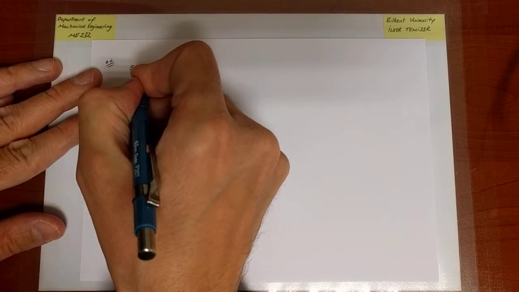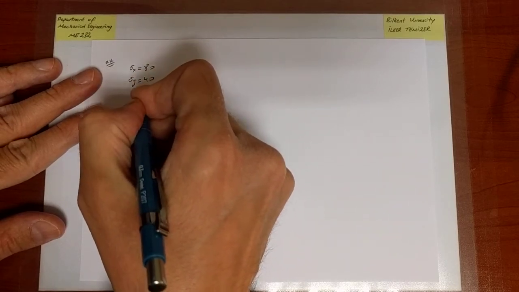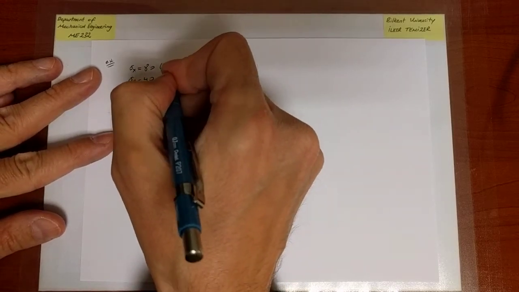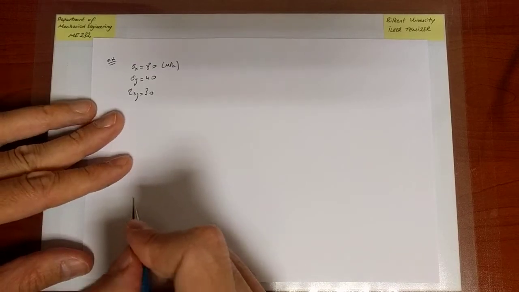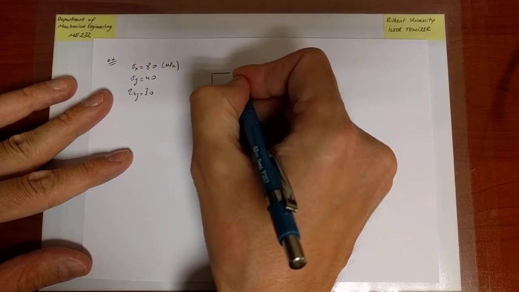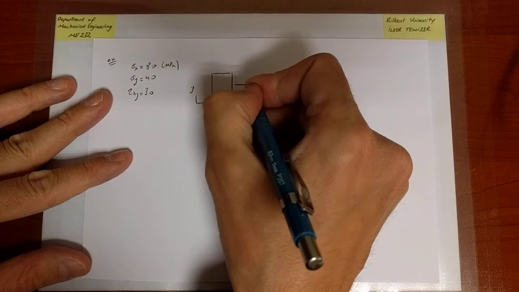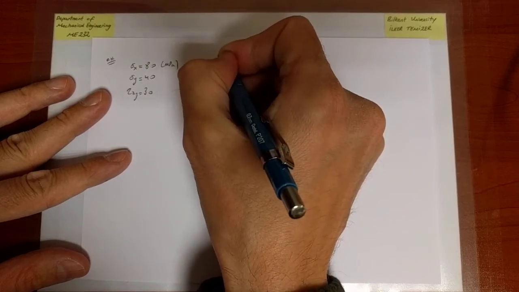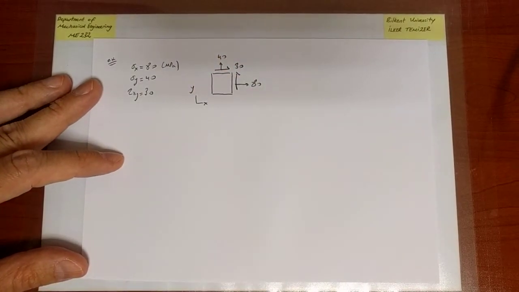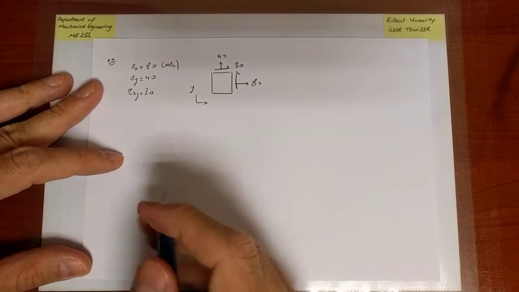So sigma x is equal to 80, sigma y is equal to 40, tau xy is equal to 30. Goes without saying, here in my examples, everything is in MPa. So the corresponding picture would be that picture. So that's x, y, this is 80, this is 40, and that is 30. And I would like to calculate the principal stresses and the directions.